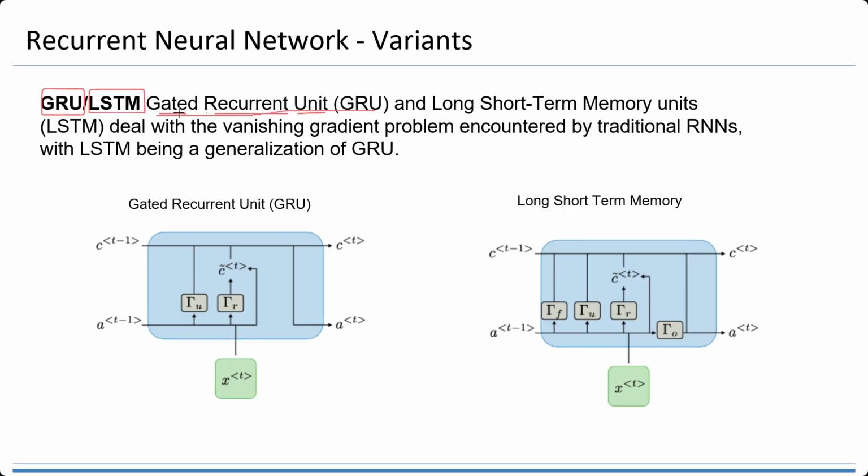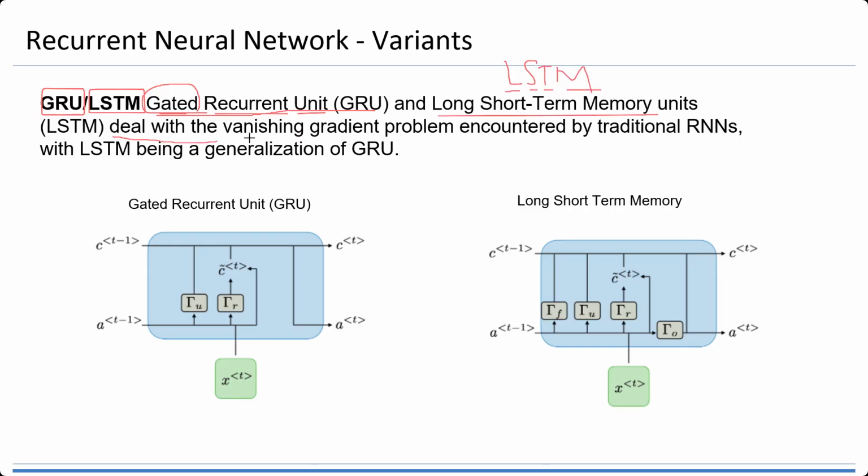The gated means we have a particular gate. The gate will cut the values. The gate will change the value. There's also another kind of variant, long short-term memory, or sometimes we call it LSTM.